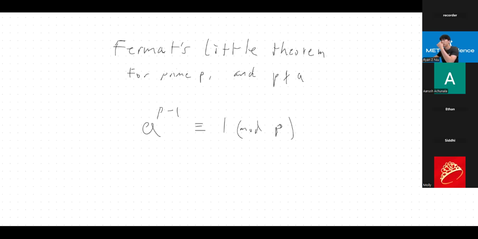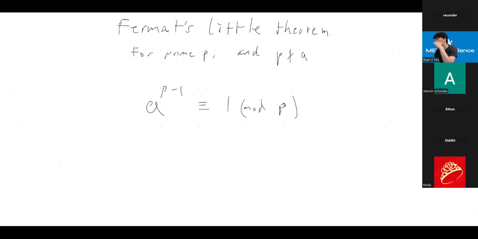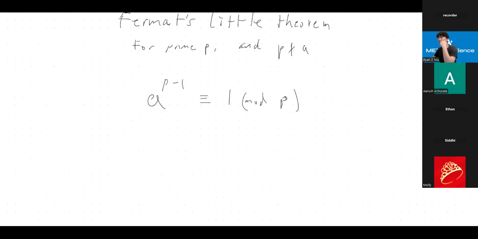Let's do an example of this. Let's say we want 5 to the 2025, and we want to find the remainder when it's divided by 7. Well, we want to use Fermat's little theorem.